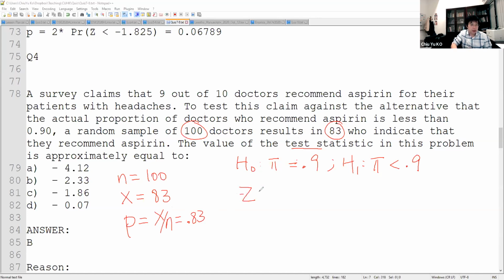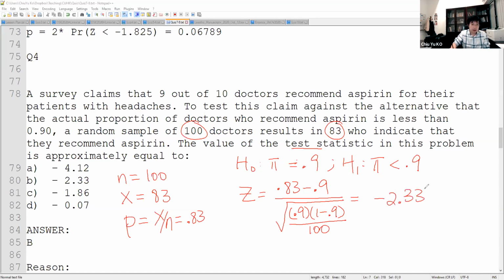So Z will be 0.83 minus 0.9 over, because you are assuming this is true, so the variance is like this divided by 100, okay? And this would be negative 2.33, okay? Is that okay? Is the Z1?